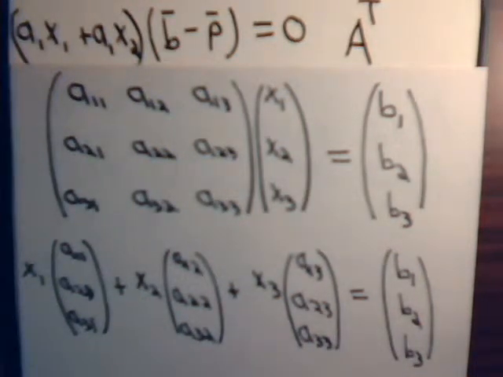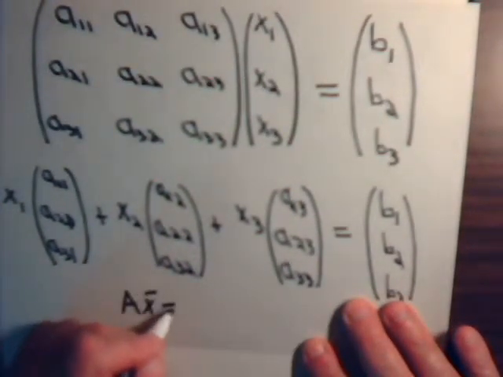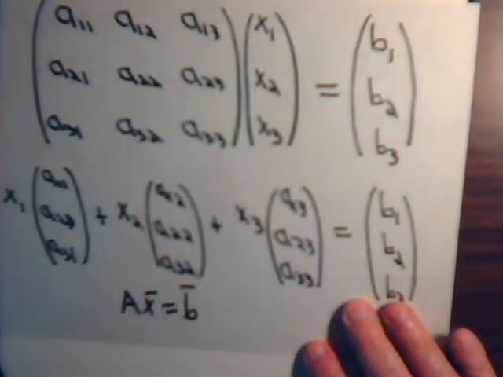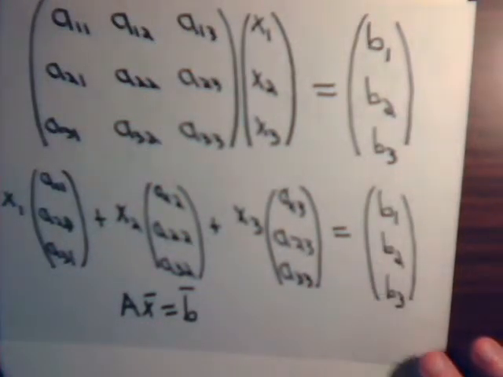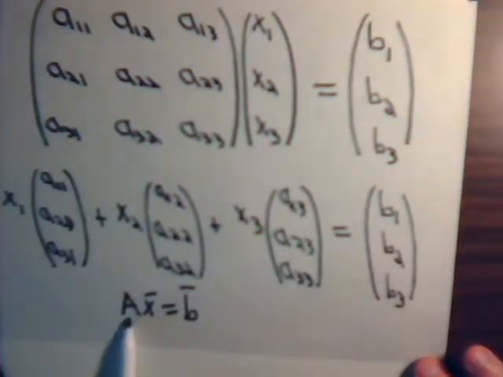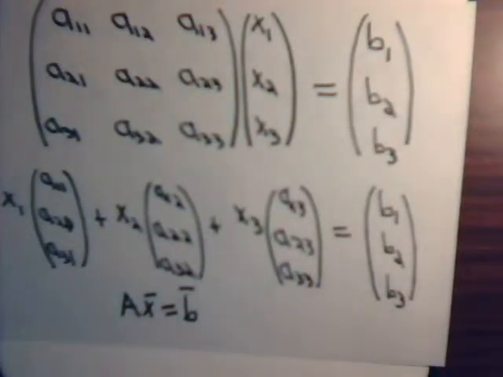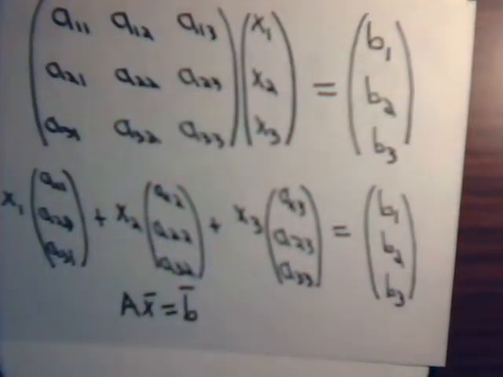That also is a way to think of matrix multiplication, meaning that if we have an expression AX equals B, and there really is an X that satisfies that equation, what that means then is that vector B is some linear combination of these column vectors that is found in matrix A. Or another way of saying it is vector B is in the column space of matrix A.